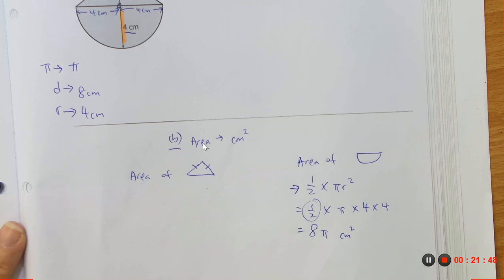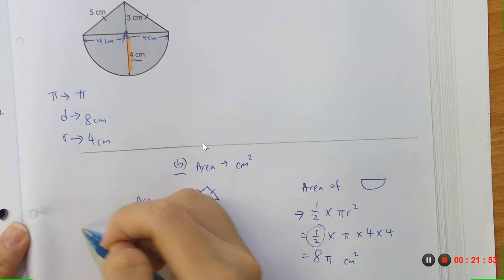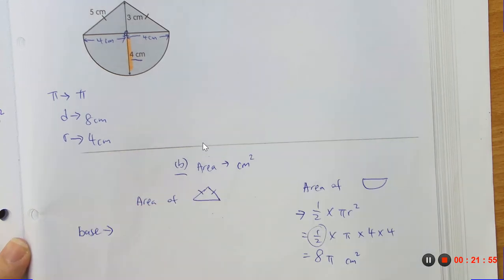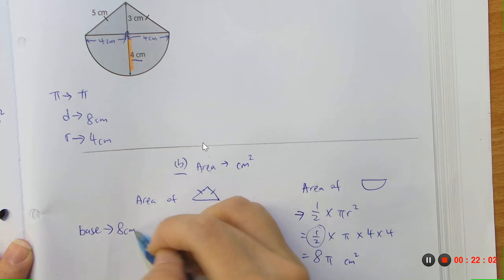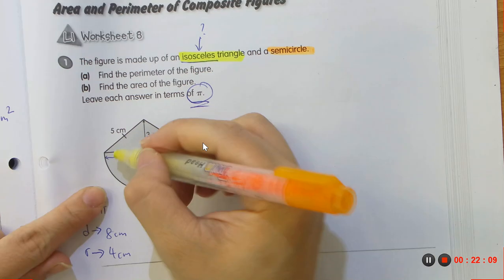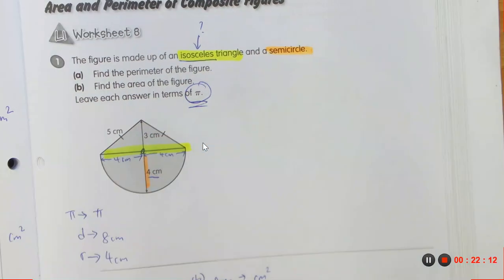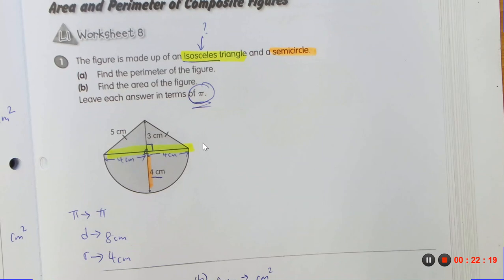Let's look at the triangle. For the triangle, the base of the triangle is where it's sitting on, is here. Okay? Now where's the height? Height is here, right? Oh no! Oh yes, you are right.